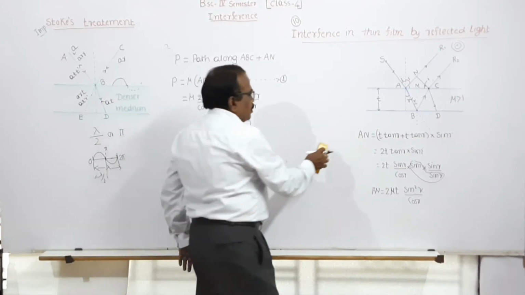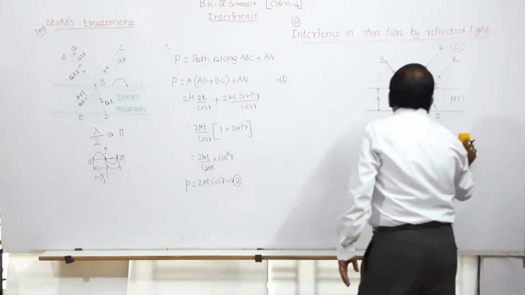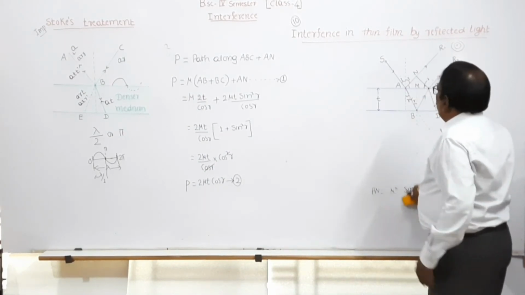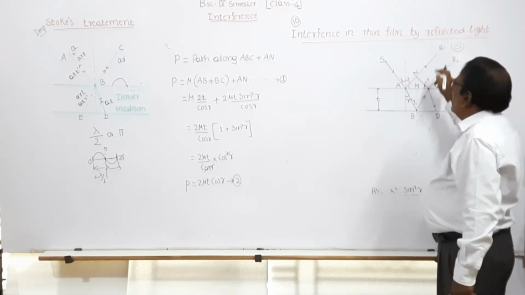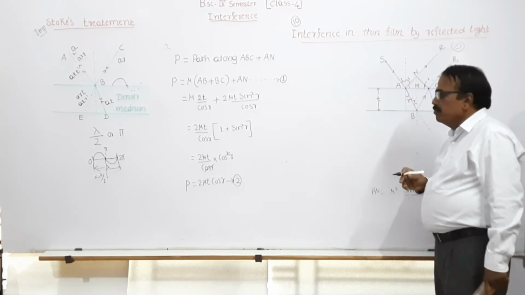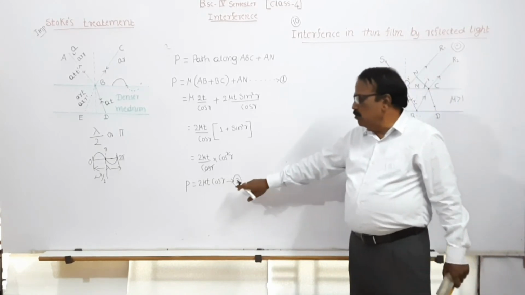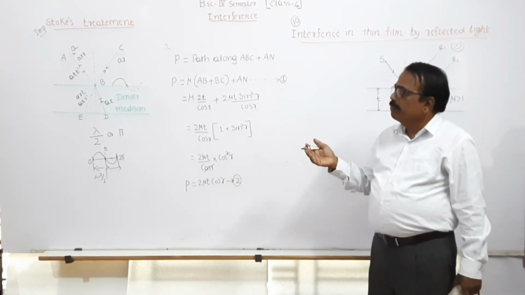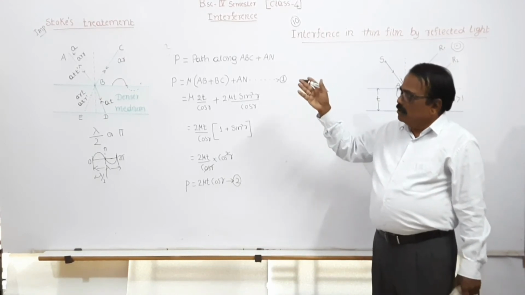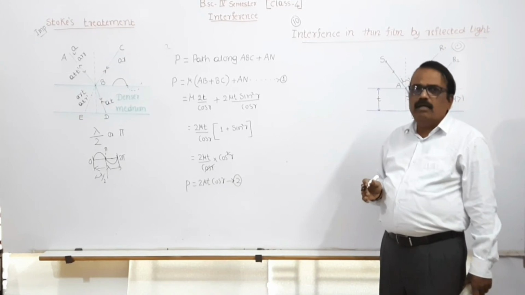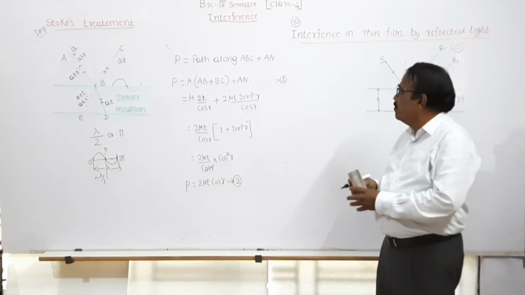But you know this, according to Stokes treatment, this reflected ray has covered an extra path of lambda by 2. Therefore, that lambda by 2 has to be subtracted. According to Stokes treatment, the light reflected from the denser medium is accelerated by lambda by 2.